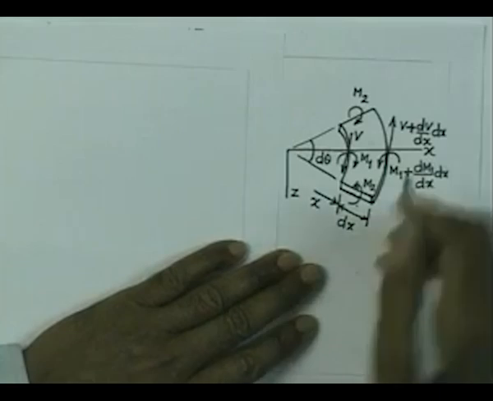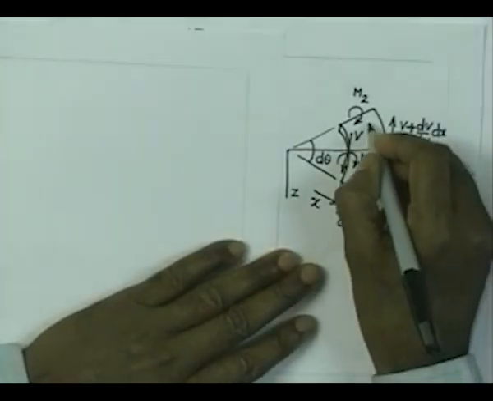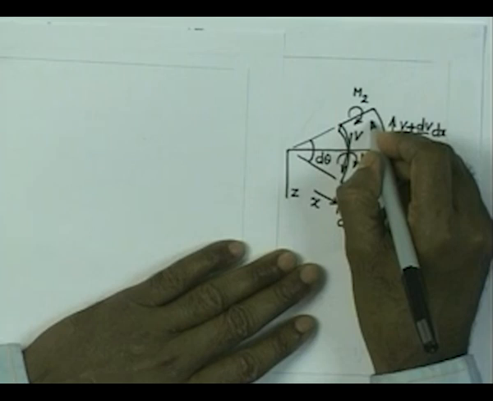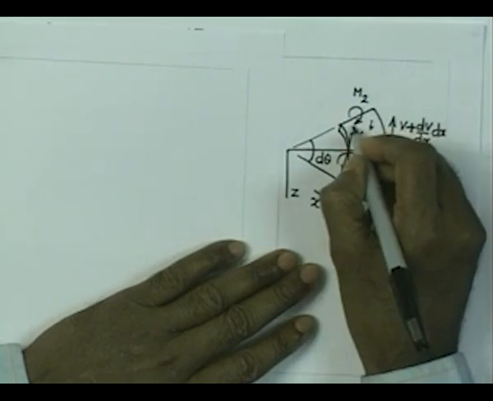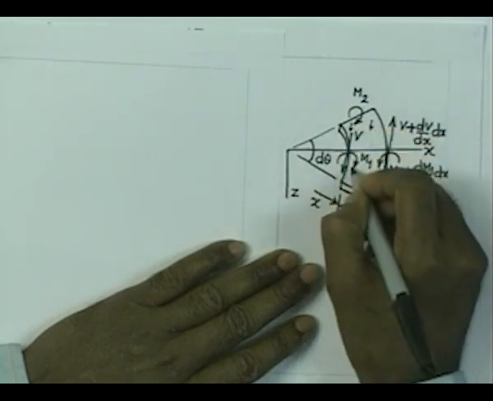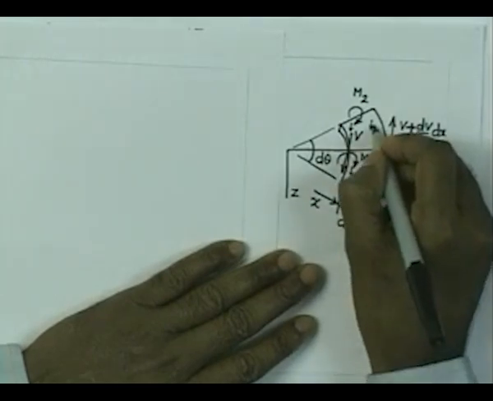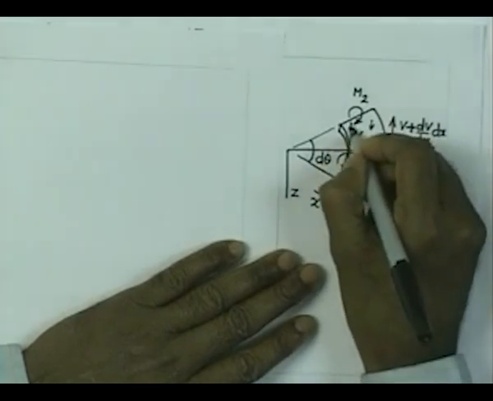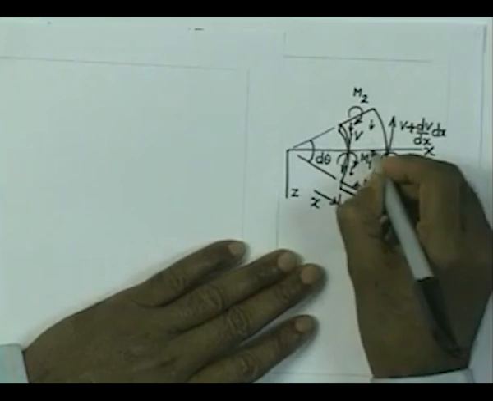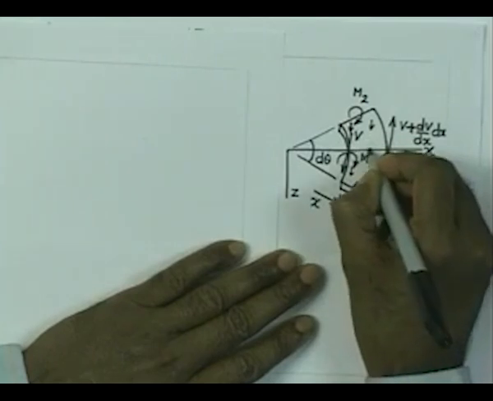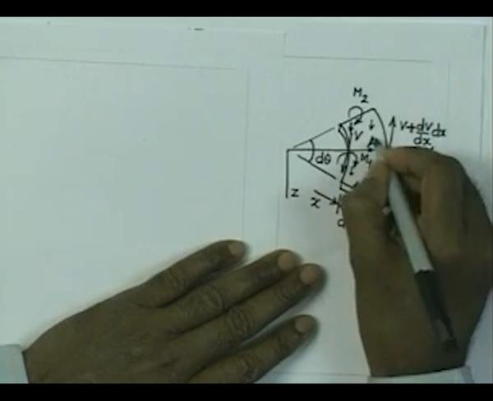So, these are the loading, and of course, we can have our external loading, which could be like this, and the center of this dx, a point, let us consider A.